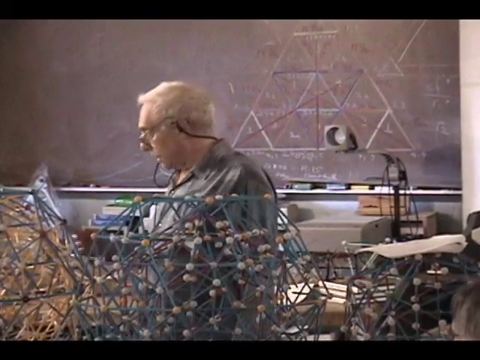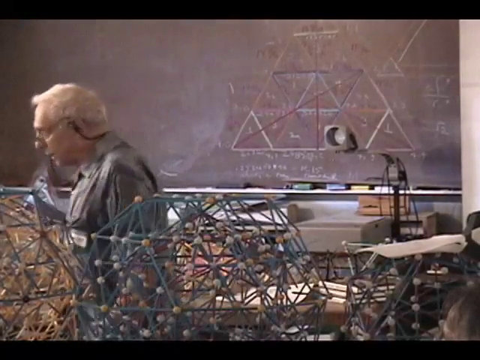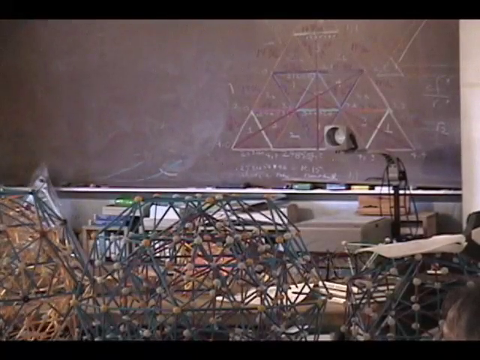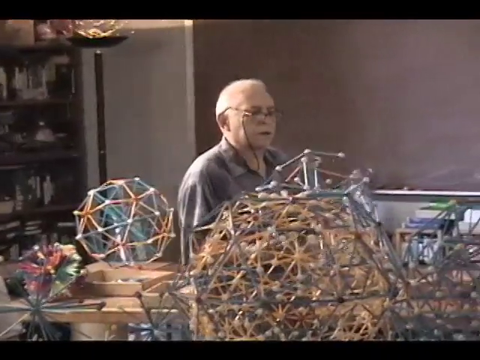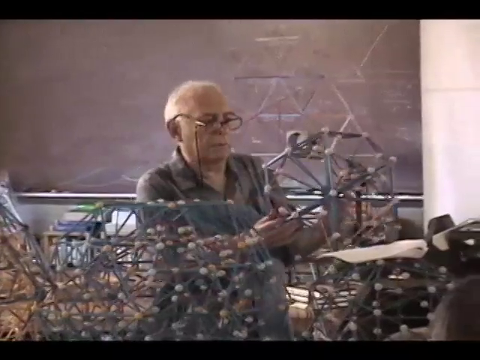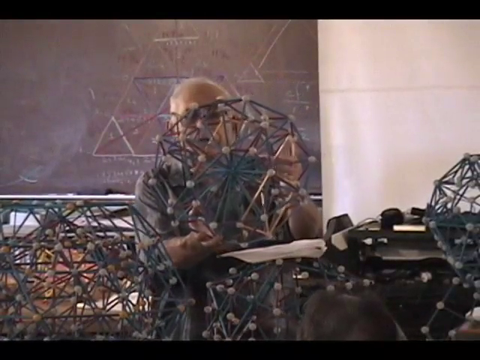Where is the one that? Oh, that right there. Larry and crew worked on it. So Bucky talked a lot about the rhombic dodecahedron, and here it is within the 30 verti.